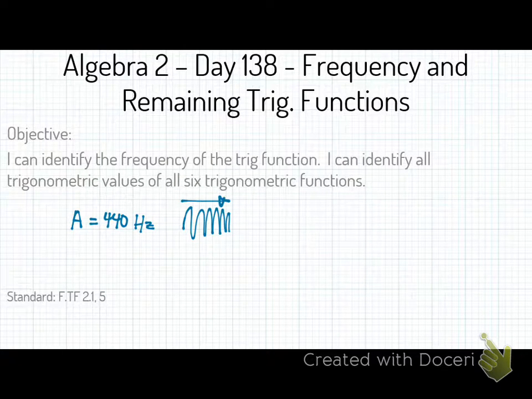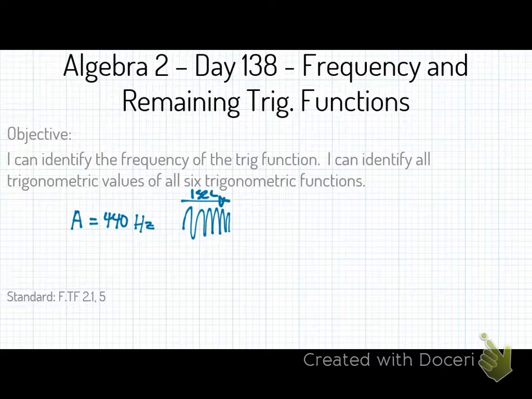Does that make sense? So if I have an A note, that means the note is squiggling 440 times in 1 second. That means my vocal cords are wiggling 440 times a second.